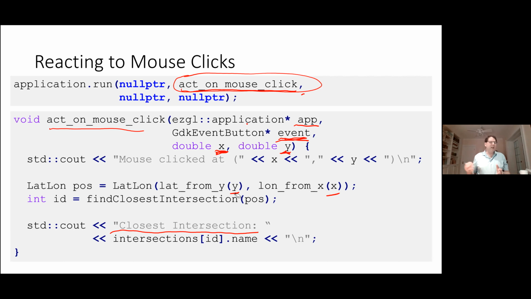We don't have to be very fast with mouse clicks. People can't click a mouse really fast. So this code is going to be order n. The code we wrote for the conversion is order 1, so that's very little code. The other one is going to go through all the intersections, so that's order n. It's not a problem. Even though there are 150,000 intersections, or in a big city maybe 1 million, you can go through that in a fraction of a second.